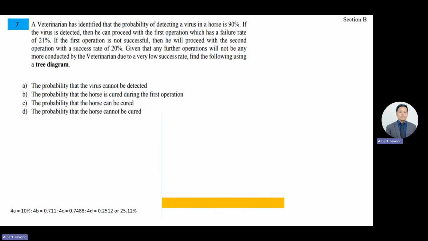Let's have number 7. Here we have 4 questions, so let's read our problem. A veterinarian or vet, this is an animal doctor, has identified that the probability of detecting a virus in a horse is 90%.